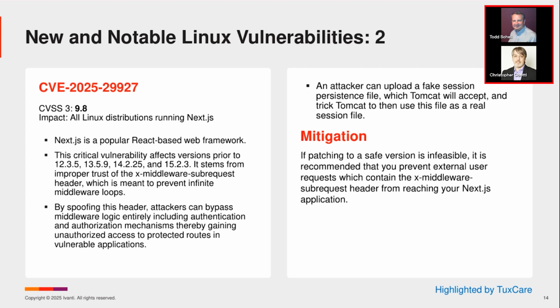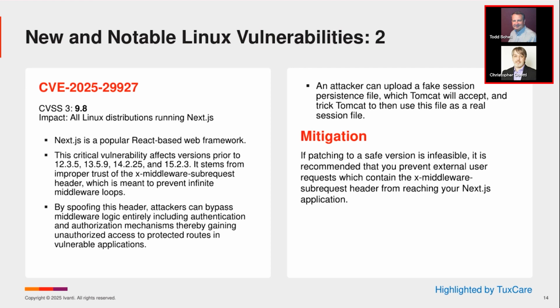The next one is Next.js. A React-based web framework is very commonly used out there. That one has also made a little bit of news in the past, probably since late March.